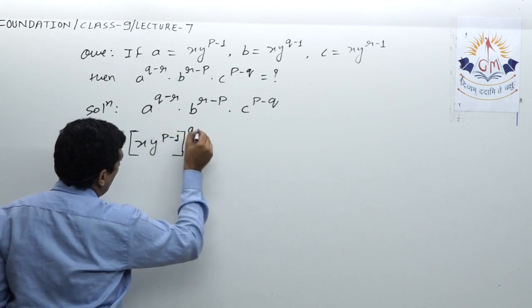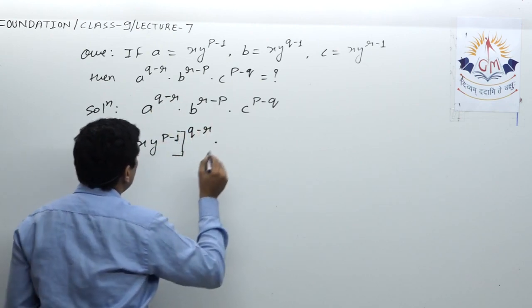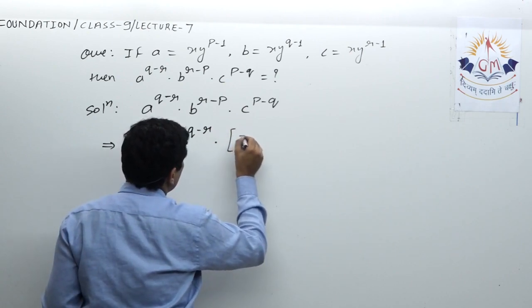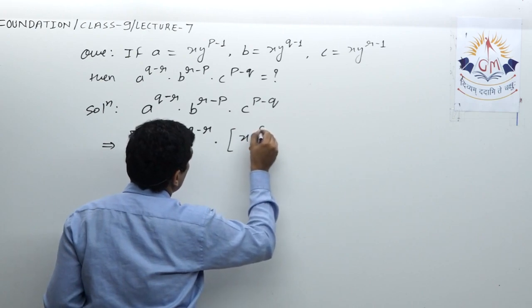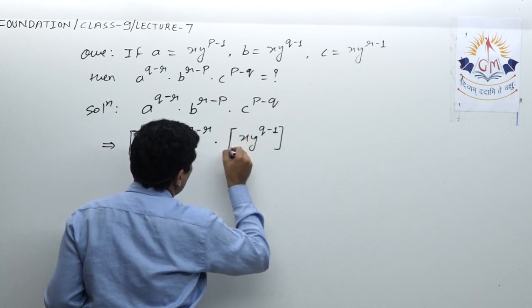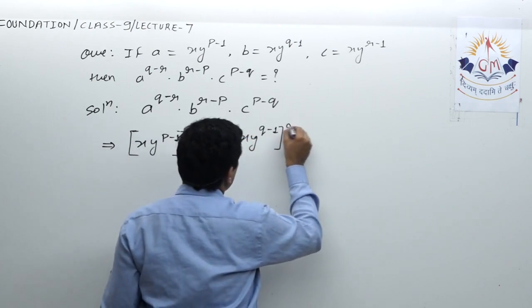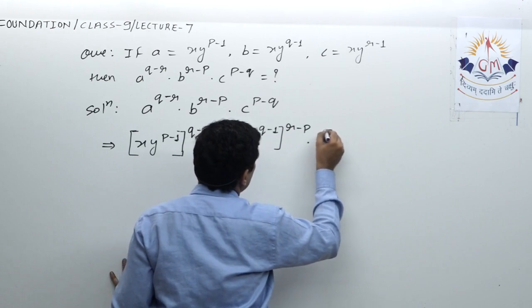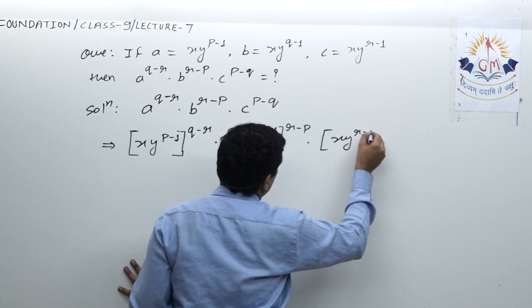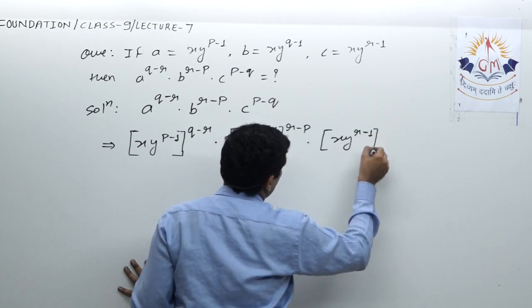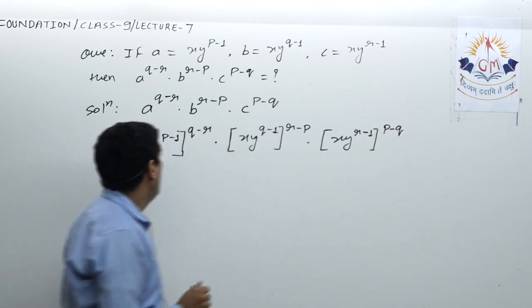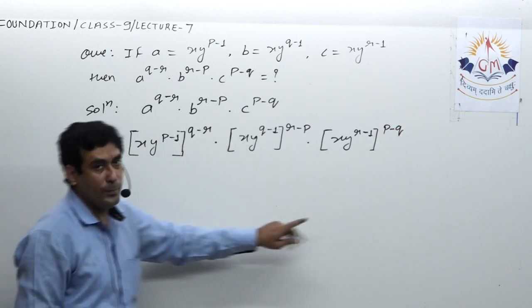And q minus r remains as it is, into b, that is x y raised to q minus 1 raised to r minus p, into c, that is x y raised to r minus 1 raised to p minus q.